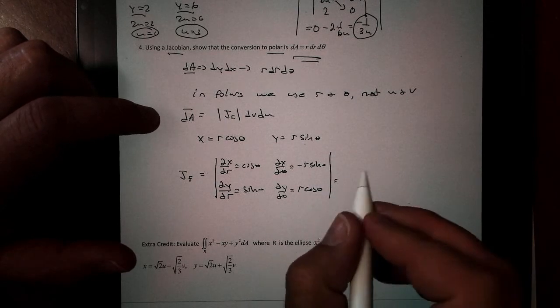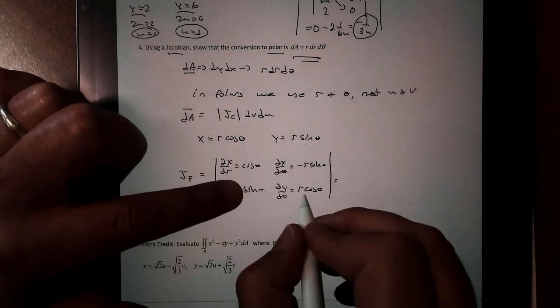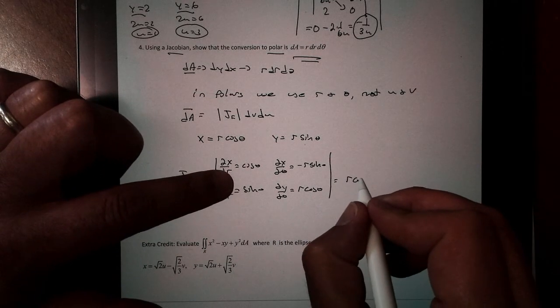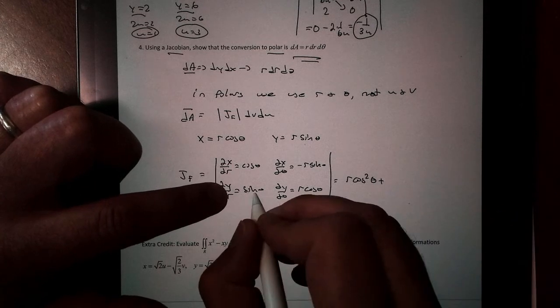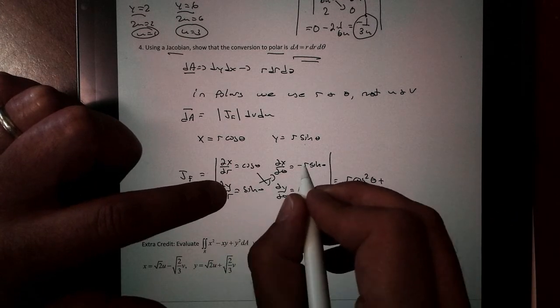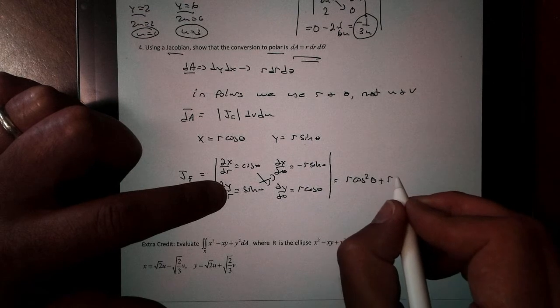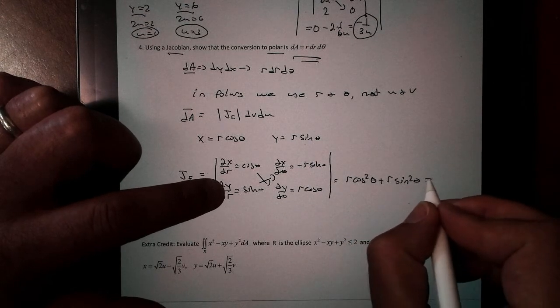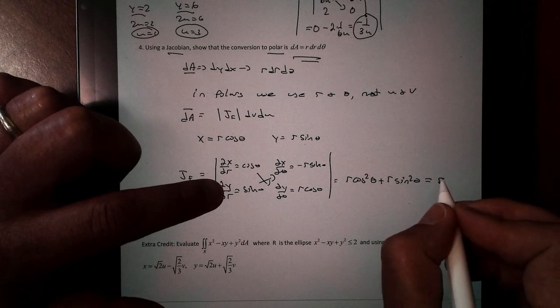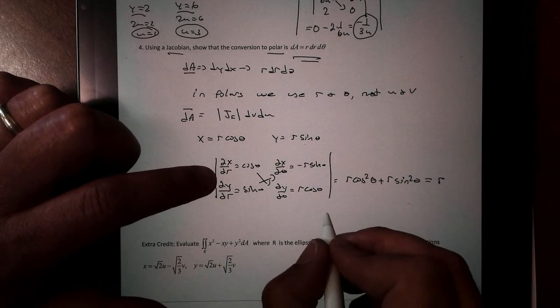If we simplify this, we're going to get r cosine squared theta plus, it's a minus, but it's a negative, r sine squared theta, which is just equal to r. So there's my Jacobian. What is dA going to equal?